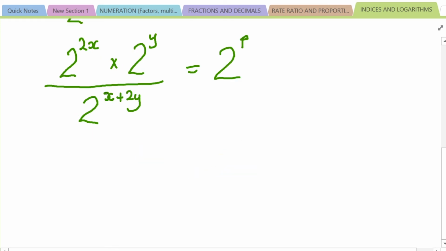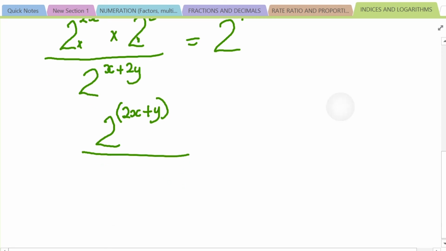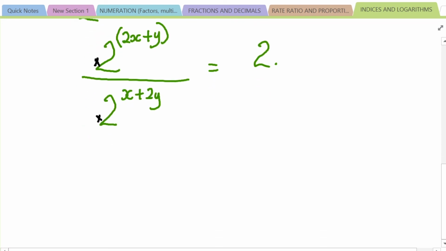According to the law of indices, when the bases are the same, we shall add the powers. So this is going to become 2, and the powers we shall add is 2x plus y. Divide that by, we come down here and it becomes 2 to the power x plus 2y. That is still going to give us 2. Again, from the laws of indices, when the bases are still the same and you're dividing, we subtract the powers.